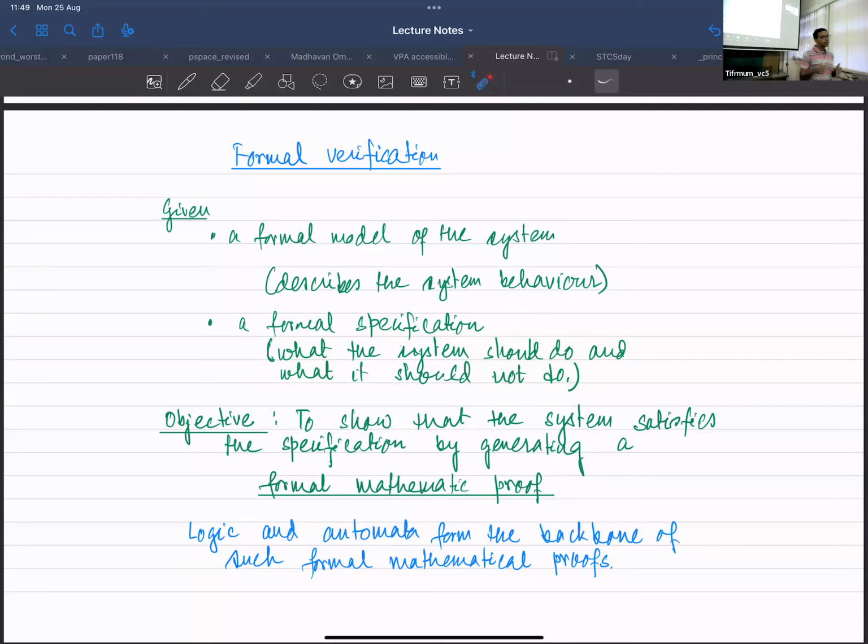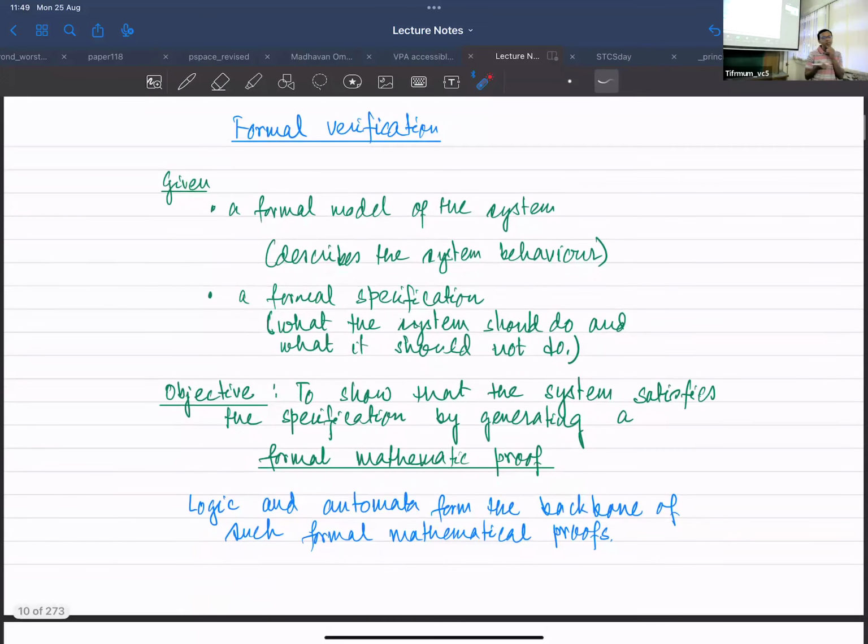A logical formula will be very specific and unambiguous. We'll see in more detail that it can also be in the form of an automaton, anything which describes a language unambiguously.